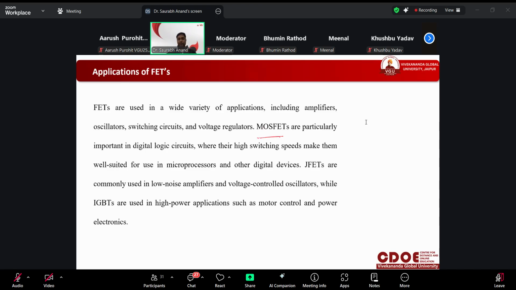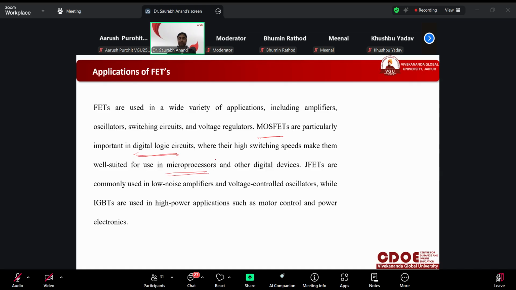MOSFET is very much useful in inverters. You have seen inverters. Inside inverters, MOSFETs are used because we are using digital logic circuits there. Okay, and in microprocessor and other digital devices, we can also make FETs and MOSFET.